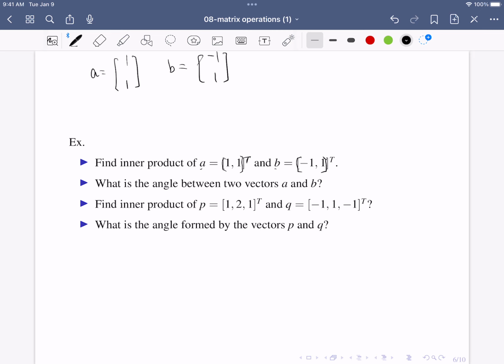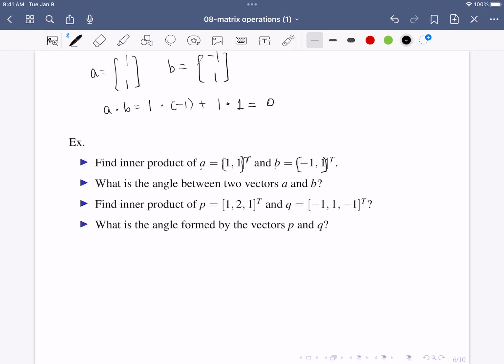All right. What is the inner product? Inner product is element-wise, 1 times negative 1 plus 1 times 1, we get 0. So the inner product is 0.